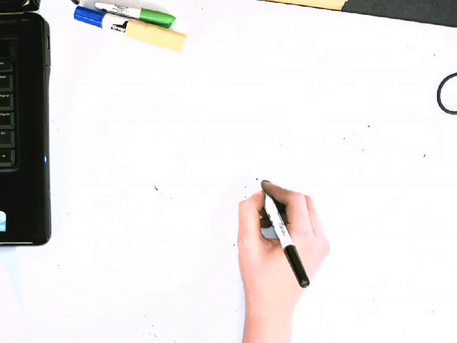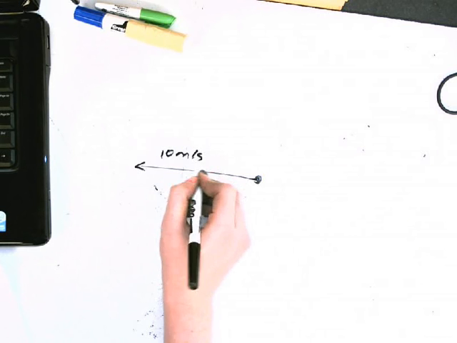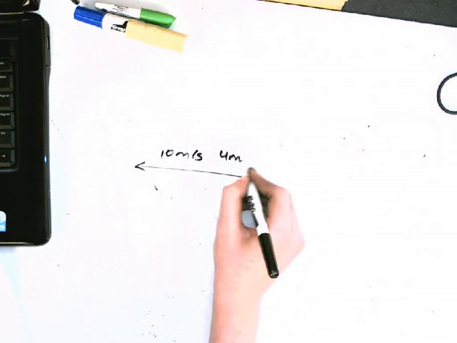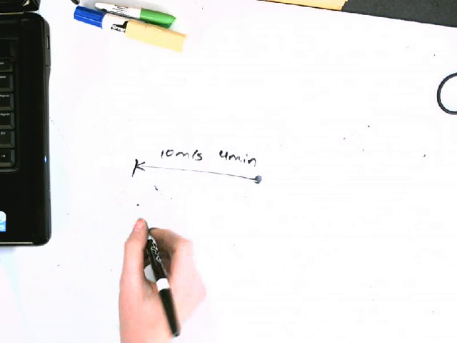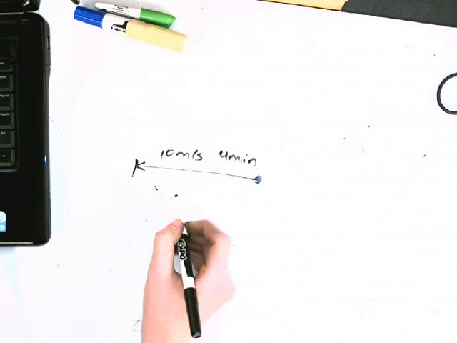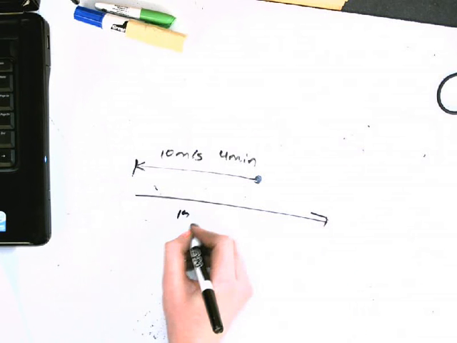So going back to speed and velocity, let's say that you have a car, and it starts here, and it travels in the negative direction at 10 meters per second for 4 minutes. It stops here for 1 minute, and then it turns around and travels at a rate of 15 meters per second for 6 minutes.